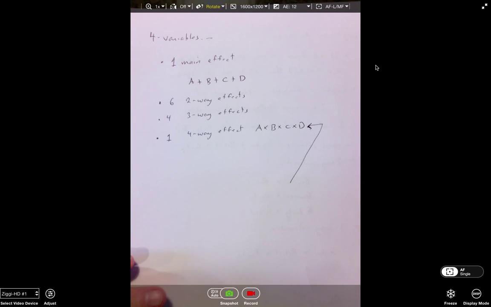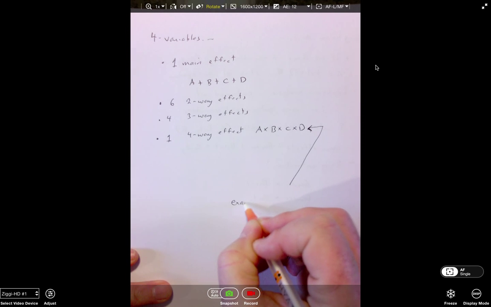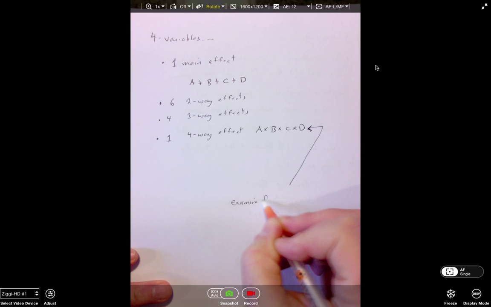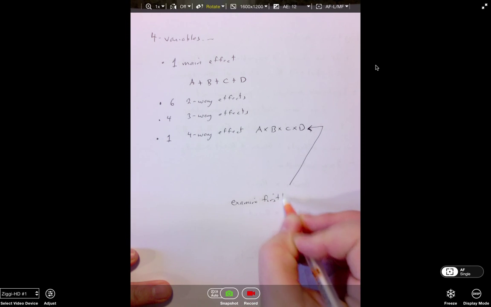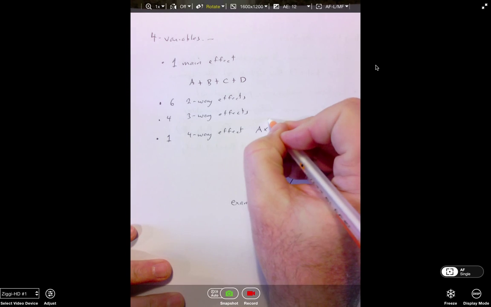So guys, what we're going to do, we'll always start with the highest order interaction. And we'll examine this. If it is not statistically significant, which it typically won't be, then we'll go to the next.